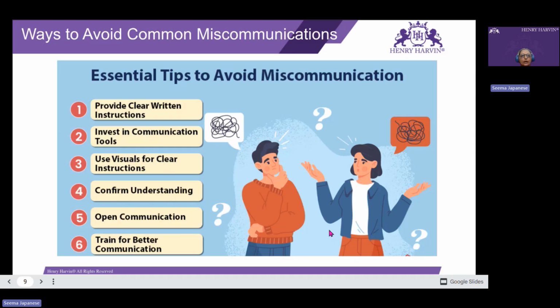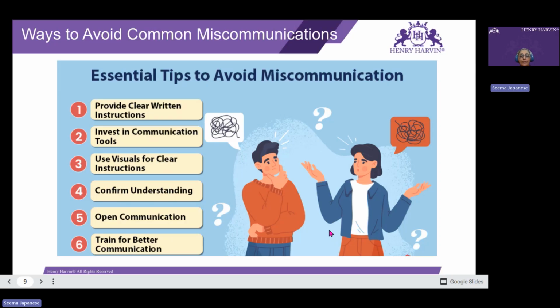If you just drop the report with the Japanese native and do not even confirm whether he has understood or not, that will not work out. It will create miscommunication.